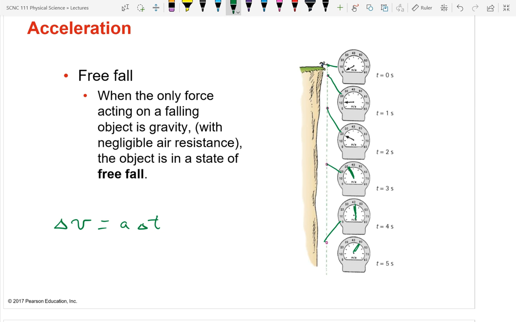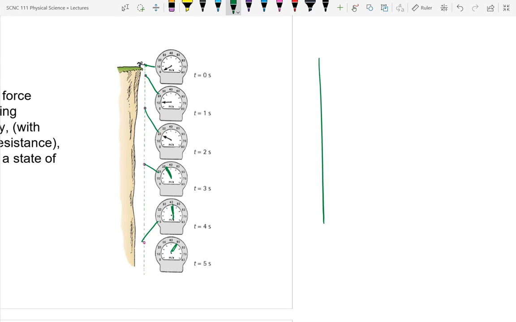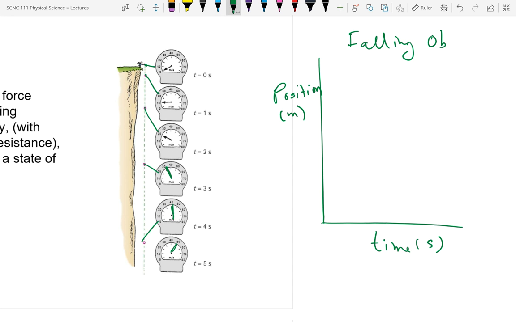So in lab last week, you were walking back and forth and measuring the position and looking at graphs. If I was going to make a graph of the position as a function of time, and my position is going to be the distance down.